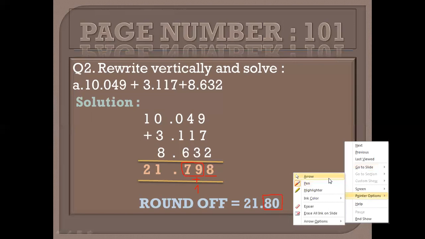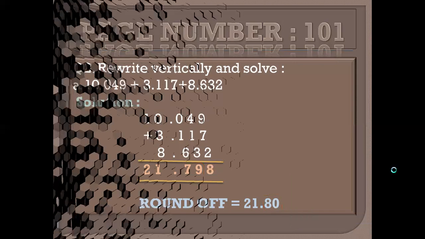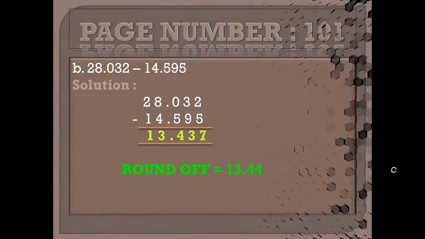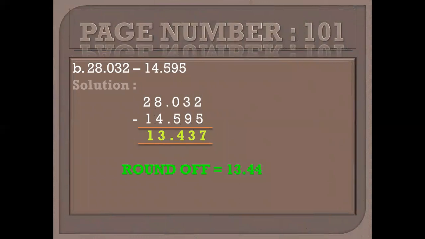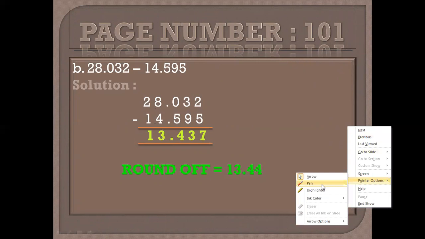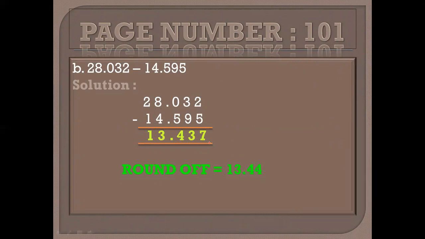Part B. Part B is 28.032 minus 14.595. We subtract the numbers. The answer is 13.437.